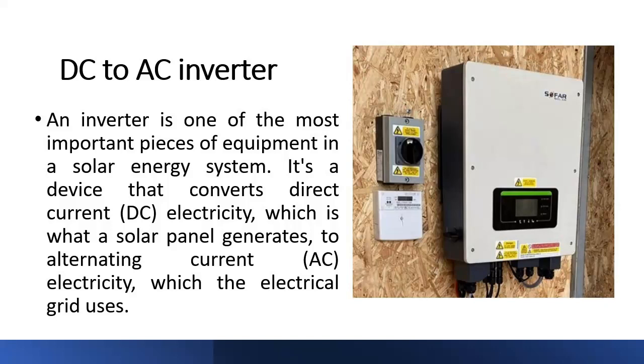An inverter is one of the most important pieces of equipment in a solar energy system. It's a device that converts direct current, DC, electricity, which is what a solar panel generates, to alternating current, AC, electricity, which the electrical grid uses.